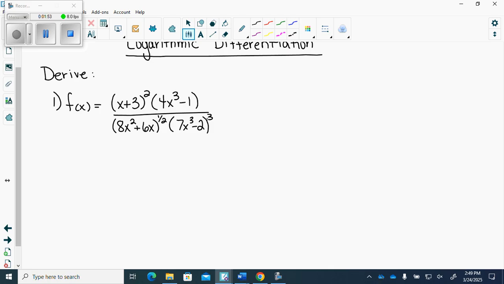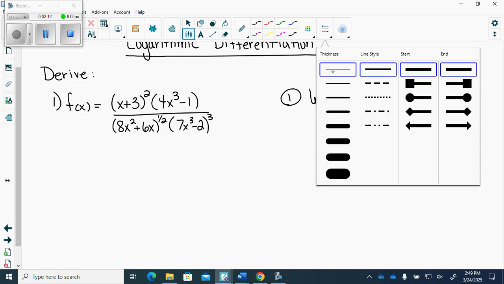So the spotting for what you need to do is this looks like a really ugly quotient, correct? This is one way. So your first step is going to be to ln both sides. Because you can do whatever you want to an equation as long as you do the same thing to both sides. So it's like a balance scale.